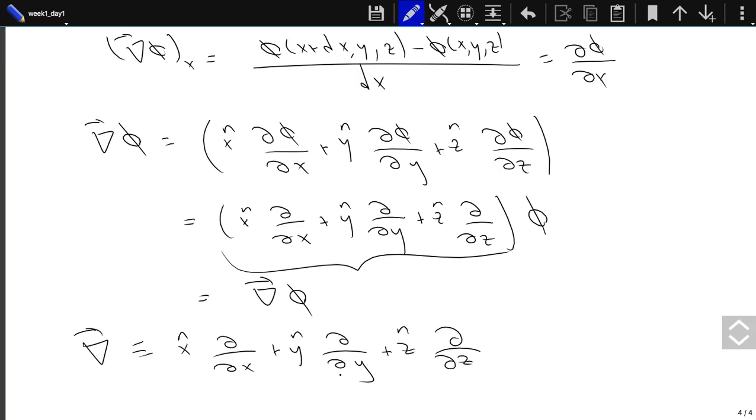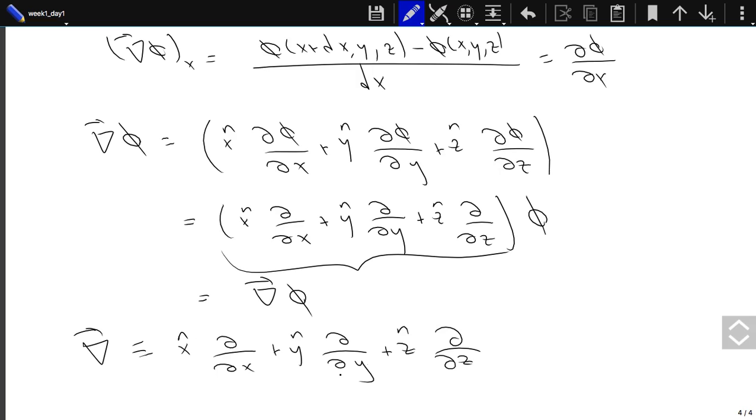And what we should understand from this expression is, well, nothing if you just see this expression, but when you multiply it with a function, phi, a scalar function, you should expand it, you should just take the derivative, you will get a vector whose components are the derivatives of this function. So that is what this operator does. If you just give it a function, it gives you a vector.